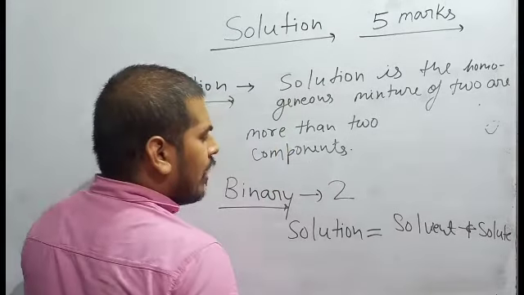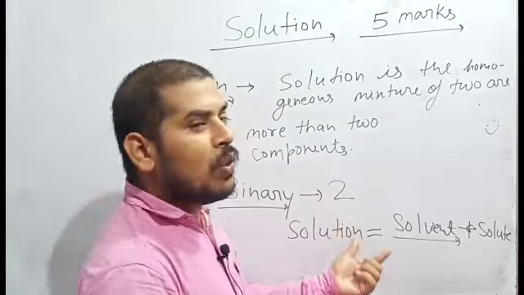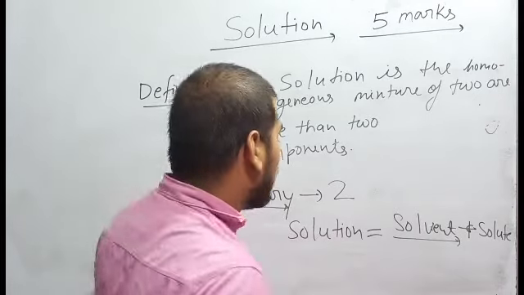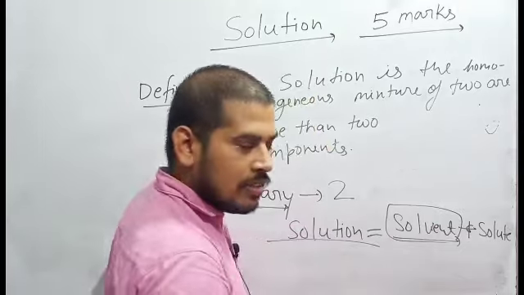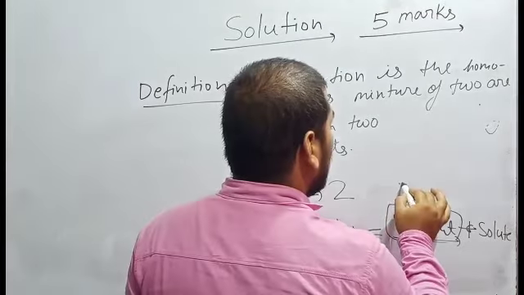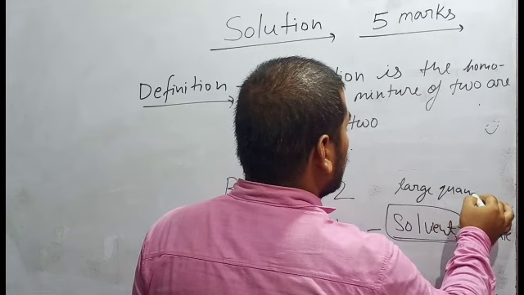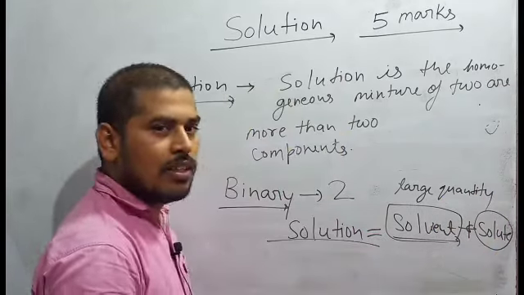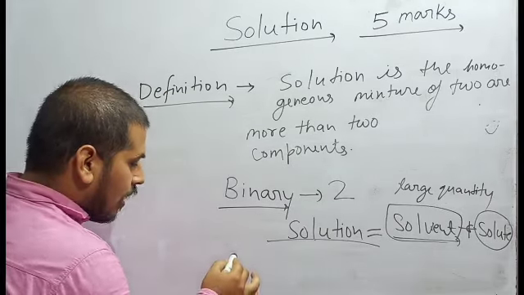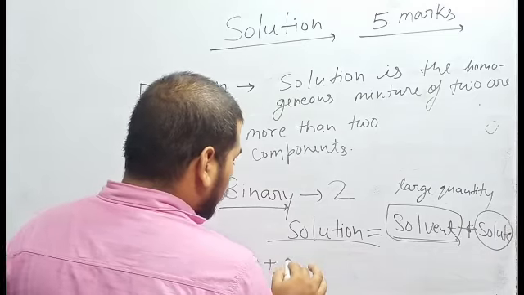Basically, we can say that the component present in excess quantity in the solution is called solvent, means this is a large quantity, and this is a small quantity. Suppose that we have water plus sugar.